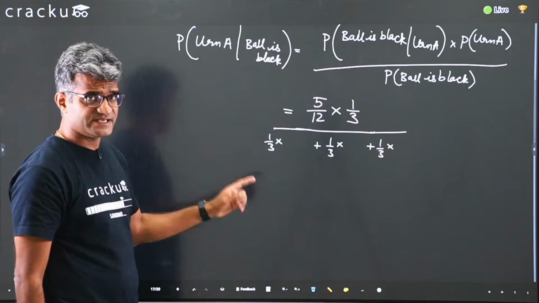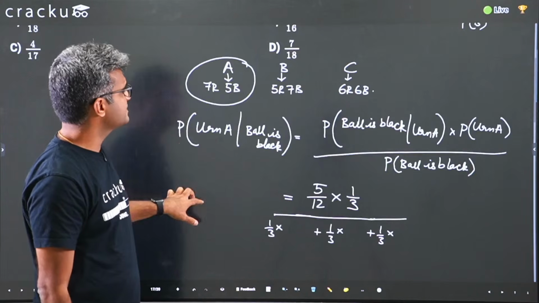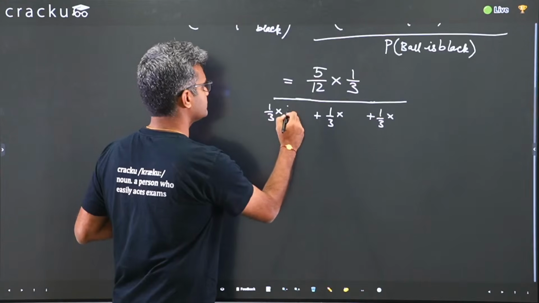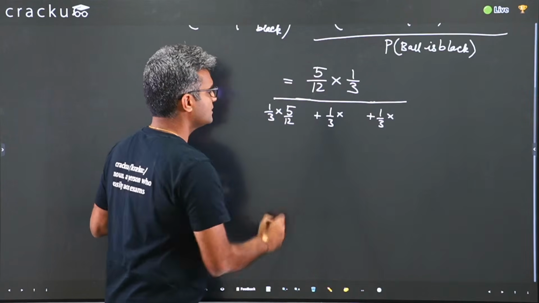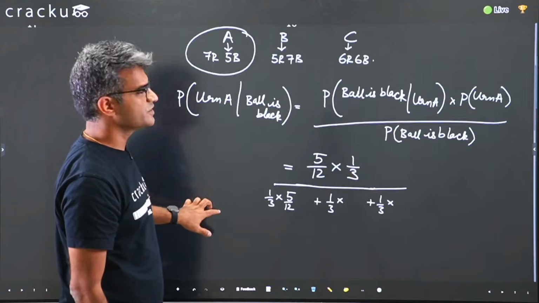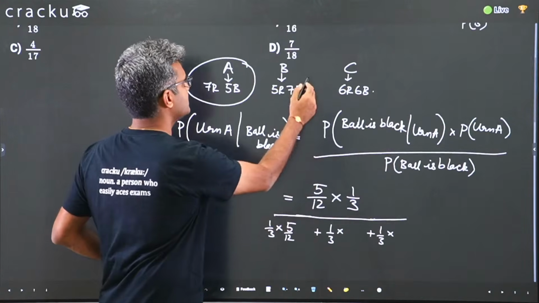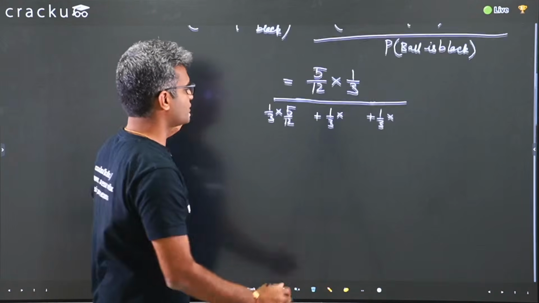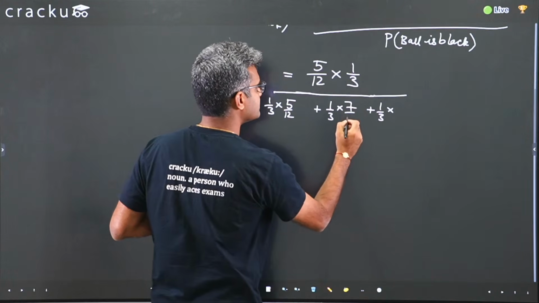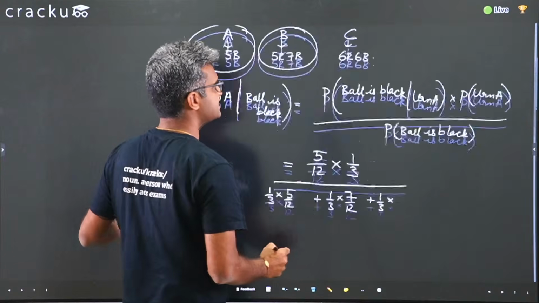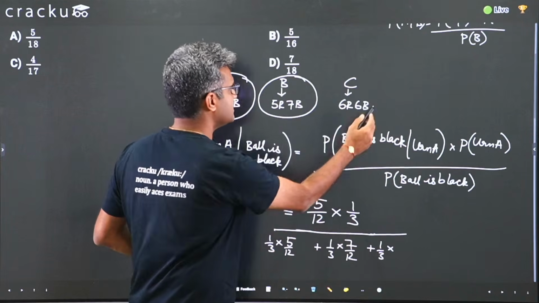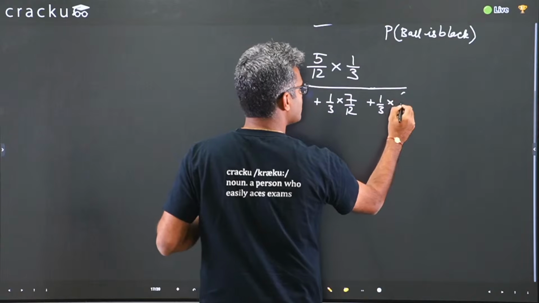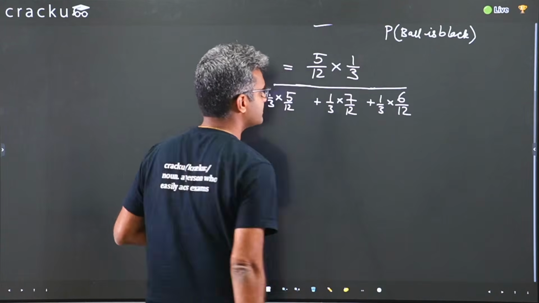If urn A is selected, the probability that the ball is black, like we discussed, is 5 by 12. If urn B is selected, here we have 7 black balls and 5 red balls, so the probability is 7 by 12. If urn C is selected, it is 6 divided by 12. So the required probability is this particular number.